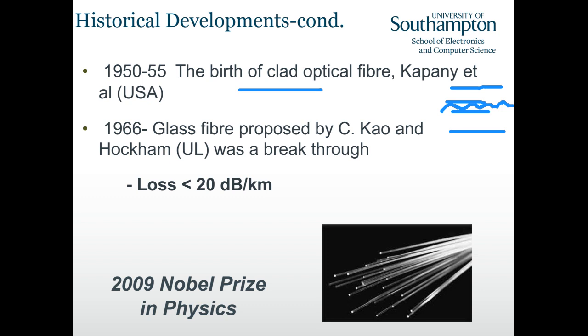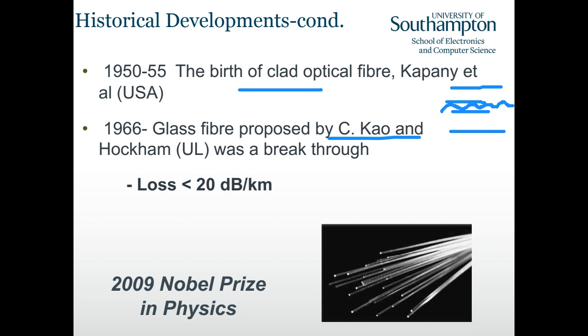And then in 1966, Sir Professor Charles Kao invented glass fiber. So nowadays, all fibers are manufactured from glass. The most significant thing about glass is that if it's pure glass, it doesn't really absorb light. But there is impurity in glass, so there is still going to be attenuation or loss.